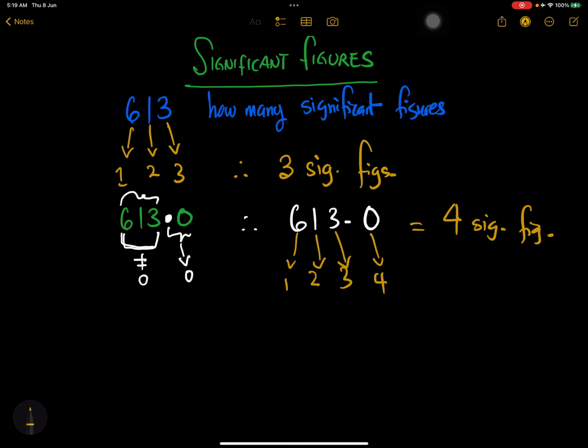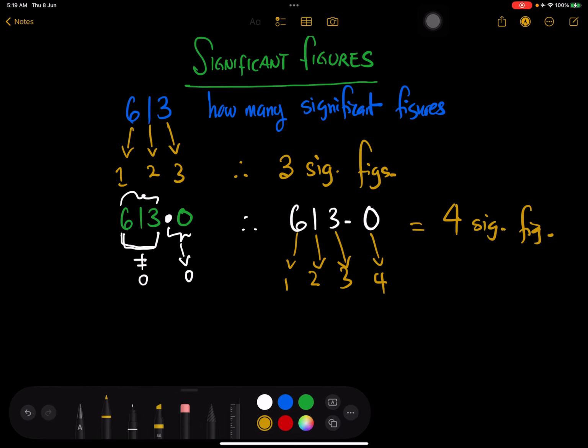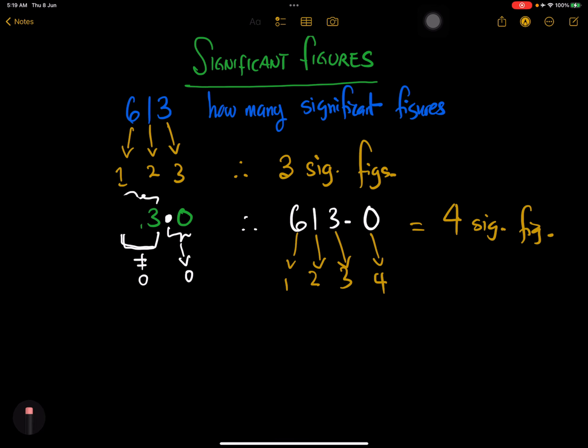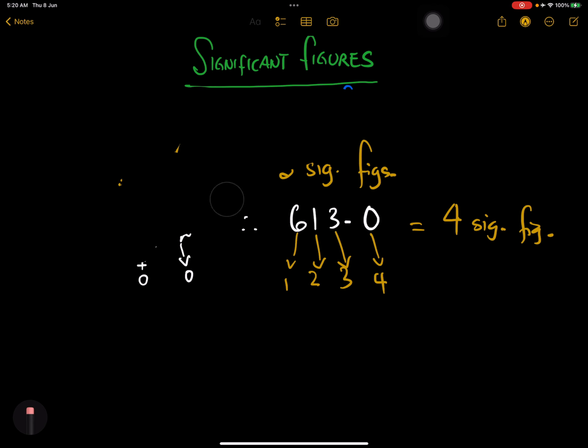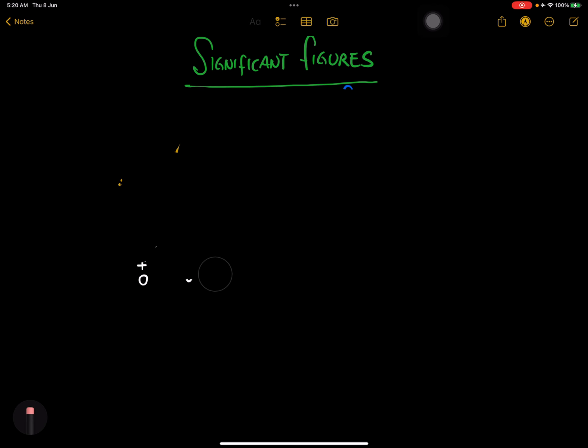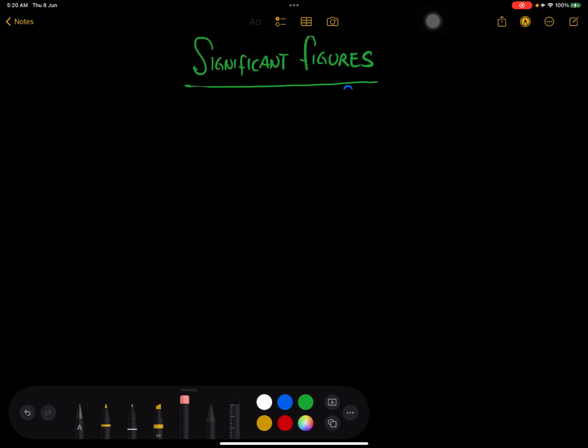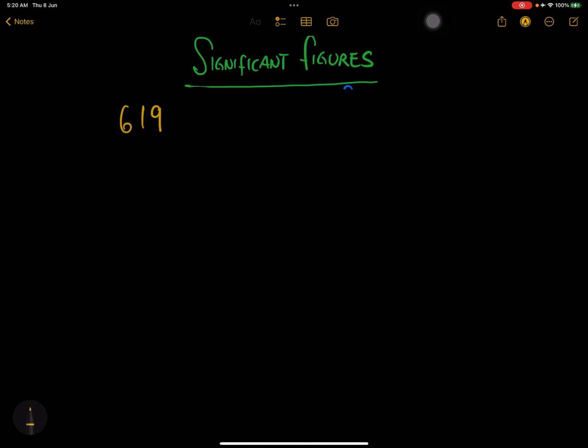All right. So now, let's take a look at another one. Imagine that we've been given a different number. We are being asked to tell how many significant figures there are, or to correct it to a specific number of significant figures. So let's take this number, 0.0613300.